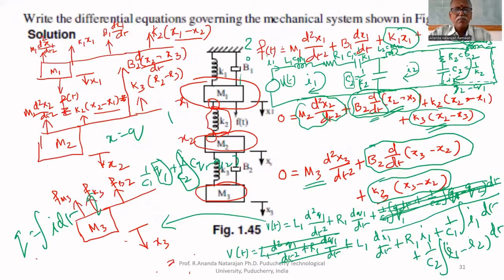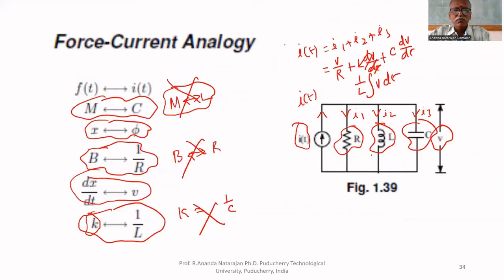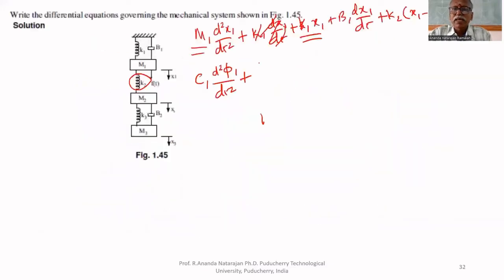What do we have to do for K? 1 by L, so we put 1 by L1 phi 1, plus B replaced by 1 by R1 d phi 1 by dt, plus K2 replaced by 1 by L2 phi 1 minus phi 2, equal to I of t.